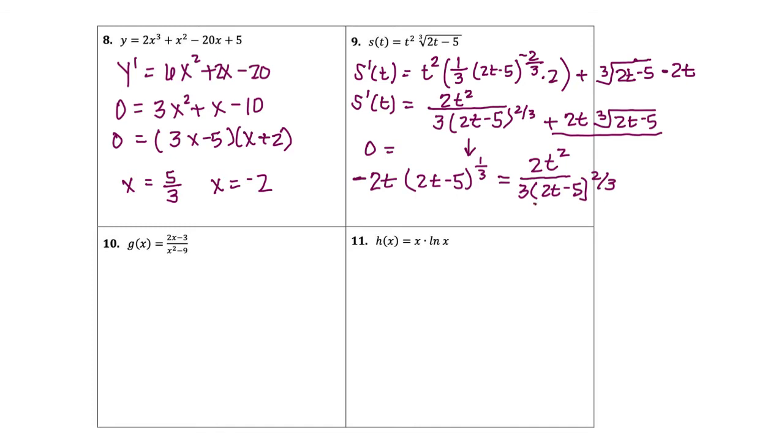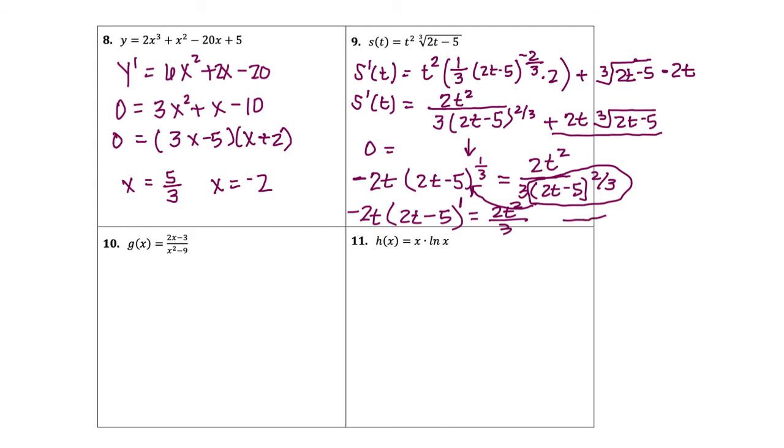Okay, now if we take this portion and multiply it up here, then I have like bases, and if I add my exponents, then I have -2t times a whole 2t minus 5 equals 2t squared over 3. And again, that becomes a whole because you're going to add 2/3 plus 1/3, and that's going to give you 1. So that makes things a little easier there.